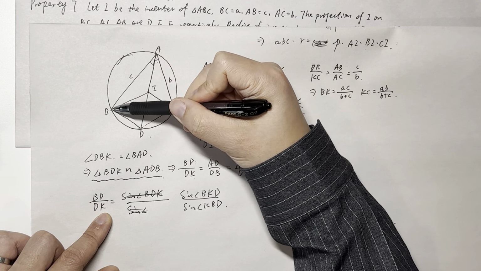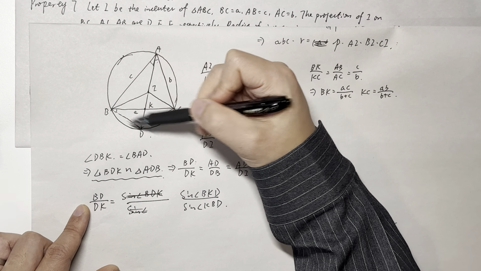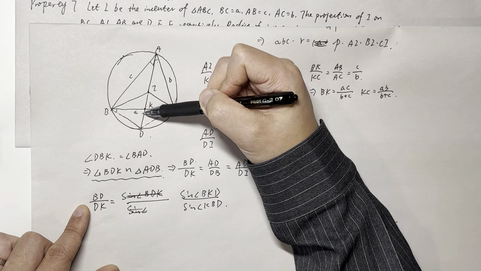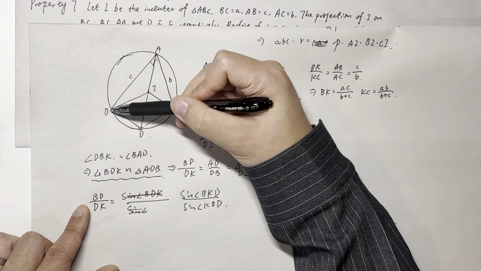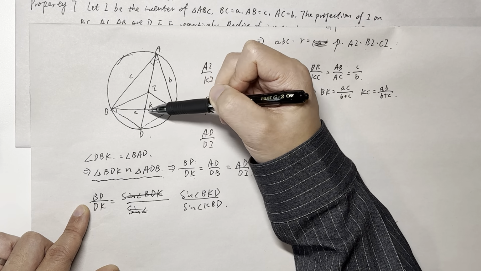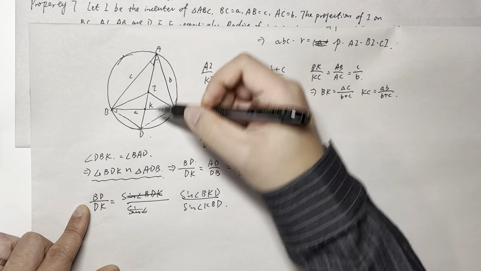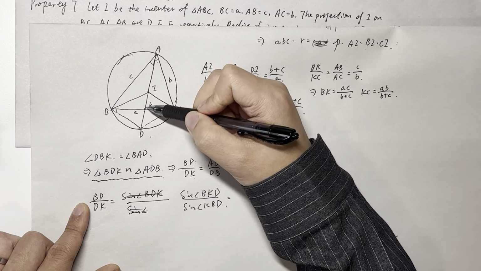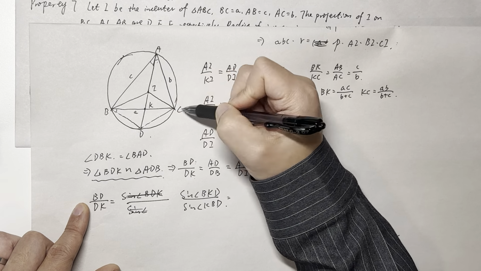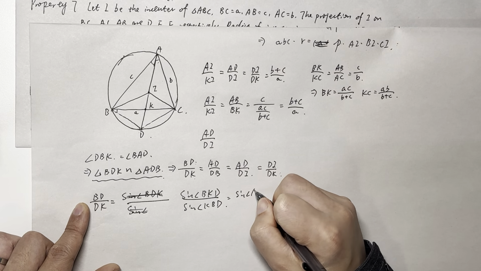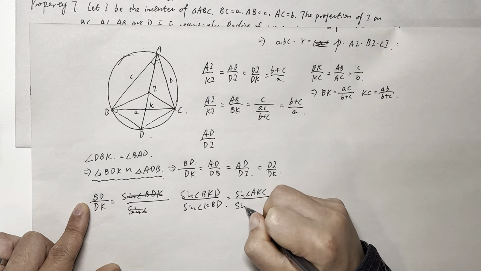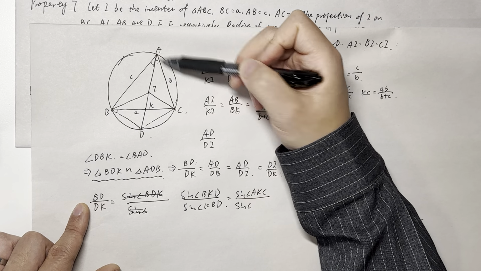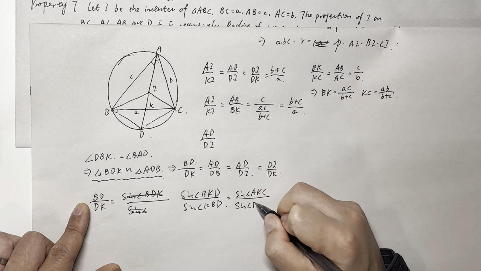In triangle BKD, BD to DK equals the ratio of sine angle BKD to sine angle KBD. And because angle BKD equals angle AKC, that's sine angle AKC to sine angle KBD, which is angle DAC, right, equals sine angle DAC.